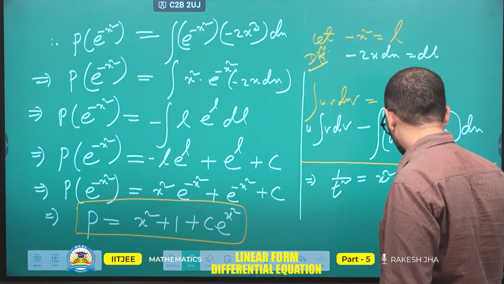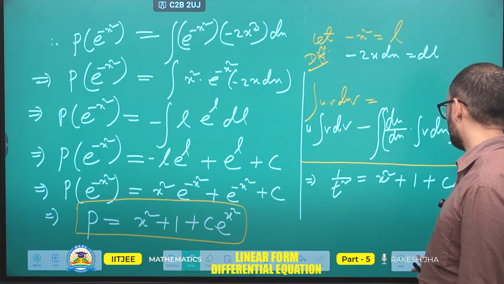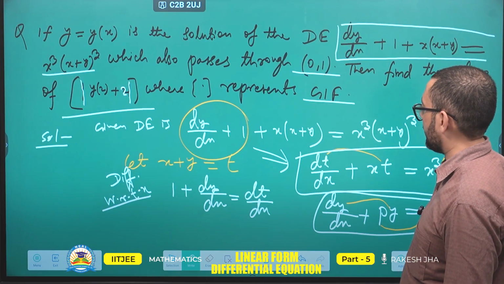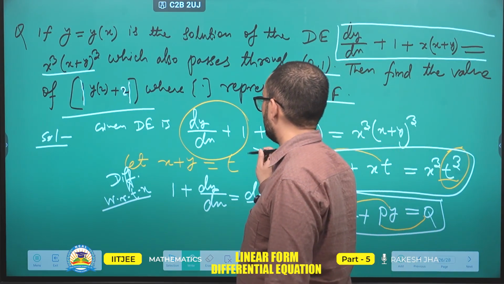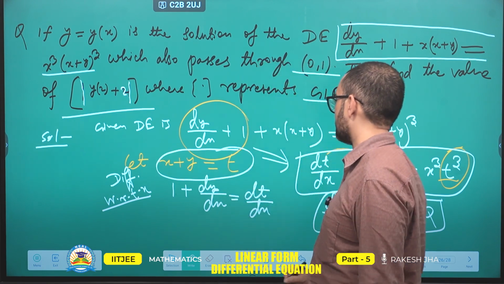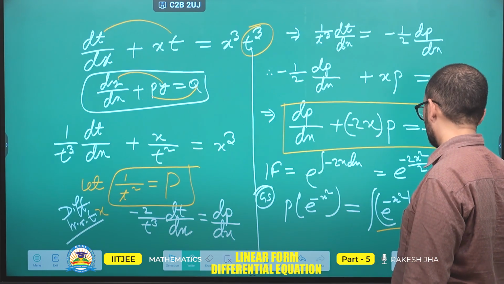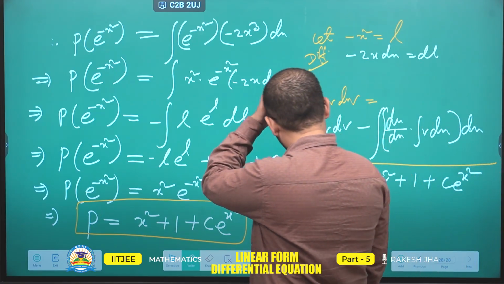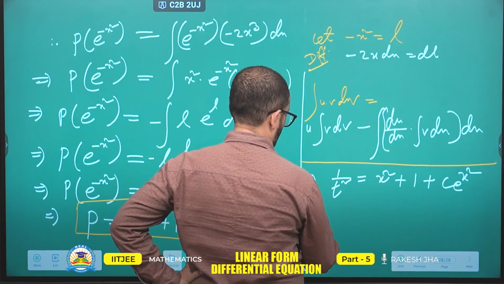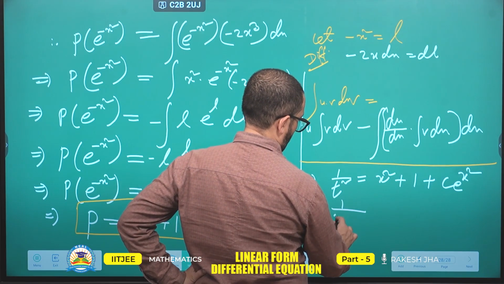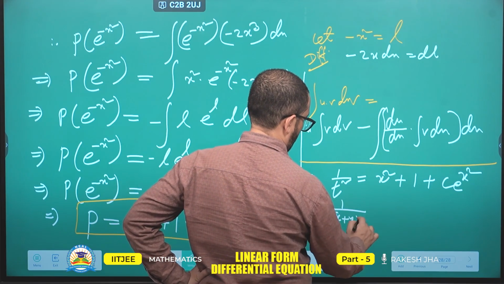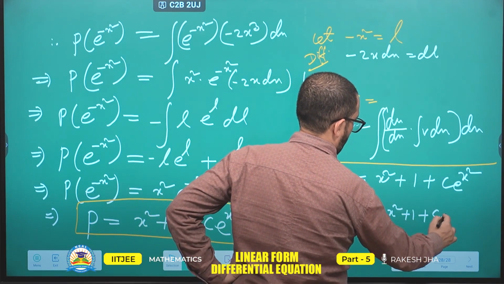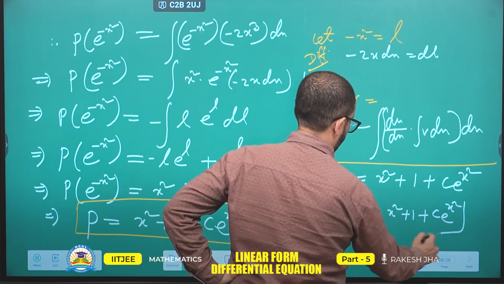Now we have to see what is the value of t again. t, what you have assumed here, t is x plus y. So in place of t we'll put x plus y. So here it would be 1 upon x plus y whole square is equal to x square plus 1 plus c times e raised to the power x square.